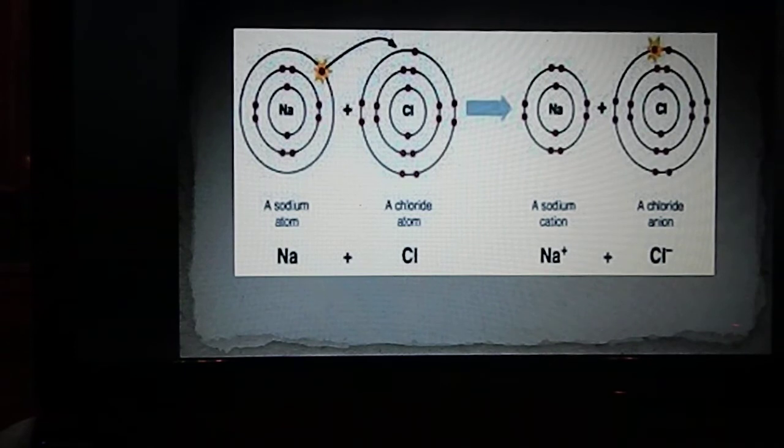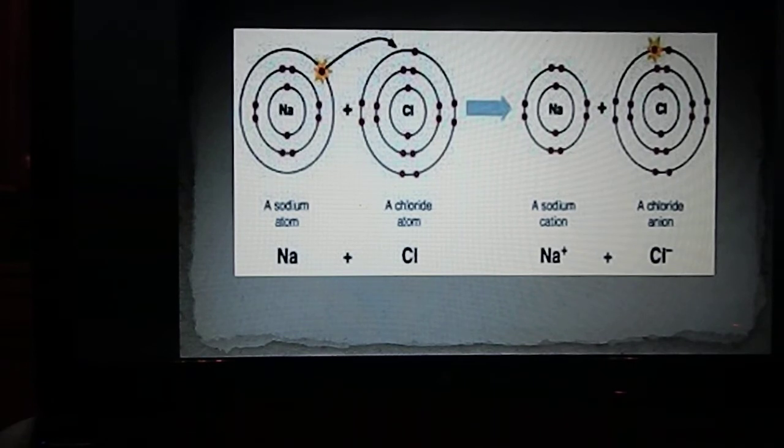And what happens is now, if you look at the sodium who donates the electron, now it has a second shell that's fully complemented, that has the full number of electrons, and then you look at chlorine, and it has a full outer shell of electrons.